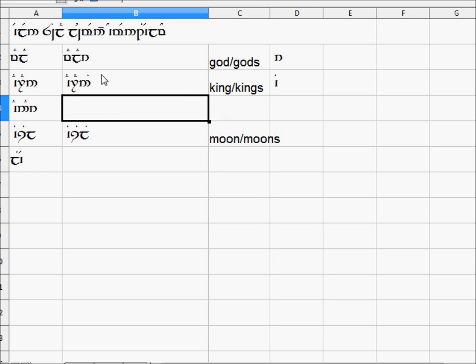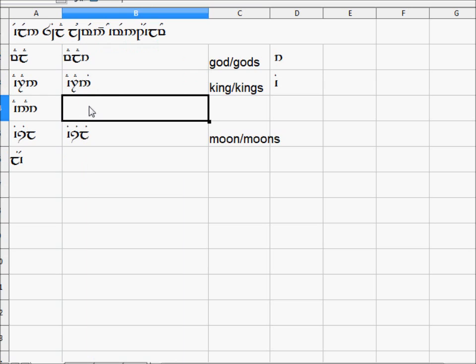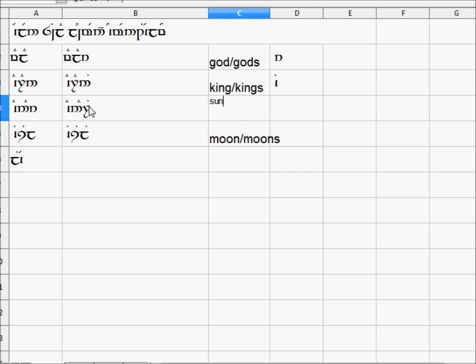Anar, which is the sun, would be Anari, and this would be sun slash suns.